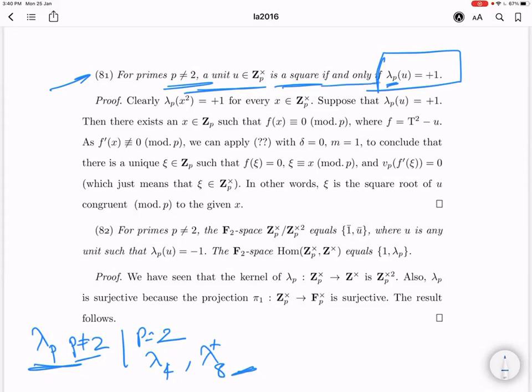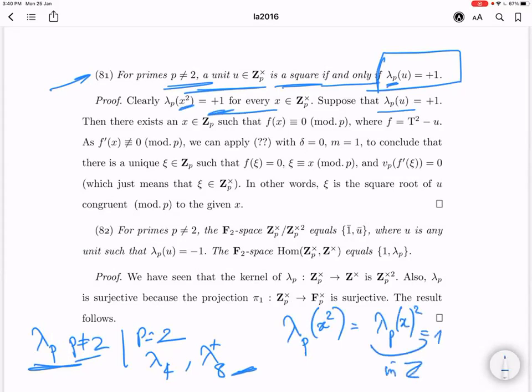One implication is easy, because if I have a square, then lambda p of x squared is lambda p of x, squared, but that's equal to 1, because the square of everything in Z star is equal to 1. So that implication is very easy.